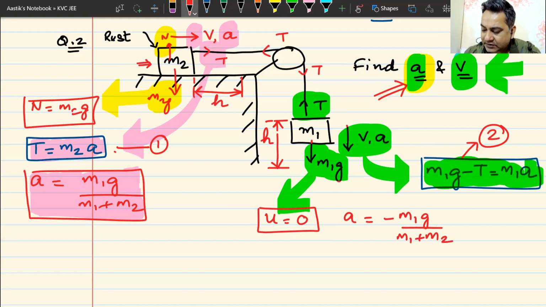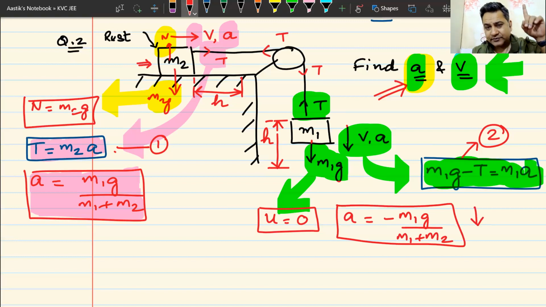Why have I written minus? Because this block is moving down, and I remember from my motion in 1D, whatever goes down, I will always call it negative. Whatever is going up is always positive. Do we understand this? Can I have some raised hands that we understand this?